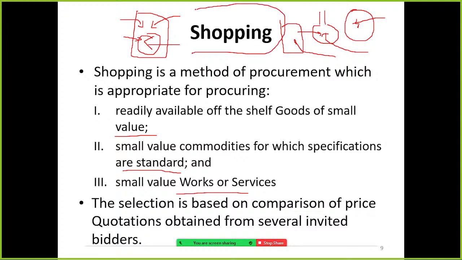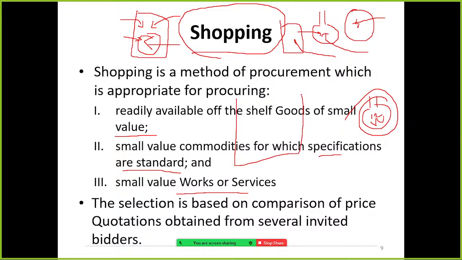The specifications are standard, right? For example, LED bulb specification is a standard, 12 volts, irrespective of the brand, all the specifications are the same. So the selection is based on the comparison of price quotations obtained from several invited bidders.